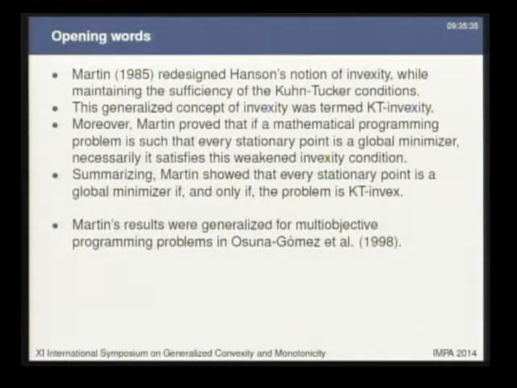Summarizing, Martin showed that every stationary point is a global minimizer if and only if the problem is KT invex. Martin's results were generalized in 1998 for multi-objective programming problems in a paper by Osuna-Gomez et al.